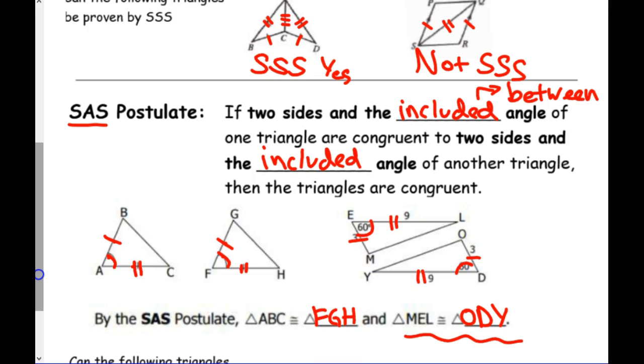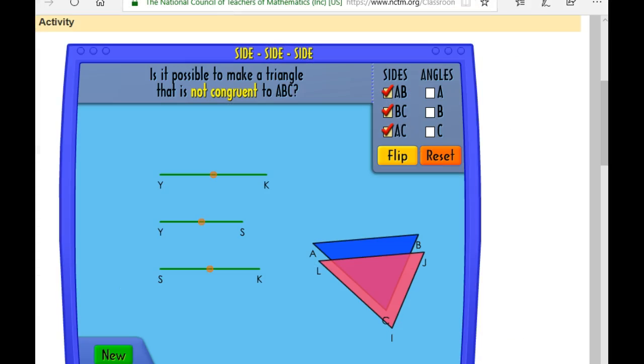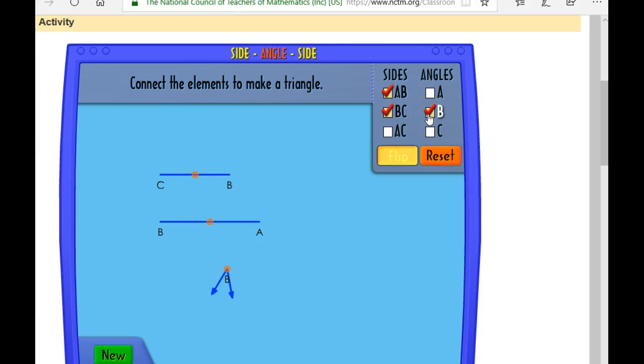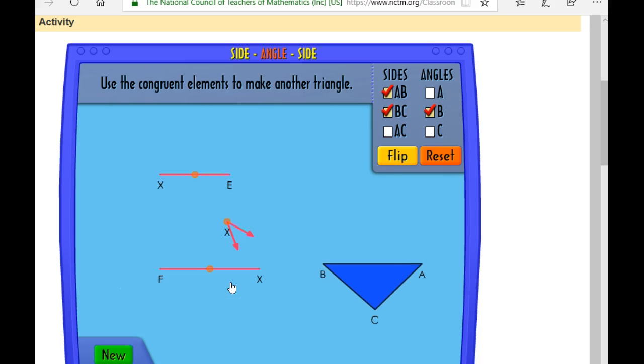Now, let's see if side, angle, side works for realsies. So side, angle, side. All right, so back to HEB here. So, side angle side makes a triangle. Now, does the same side angle side make the exact same triangle every single time? Let's find out, all right?